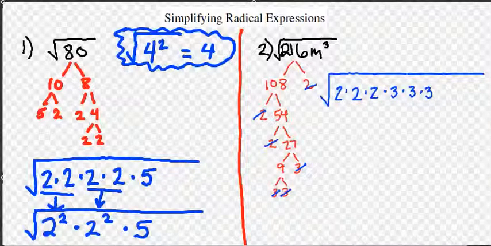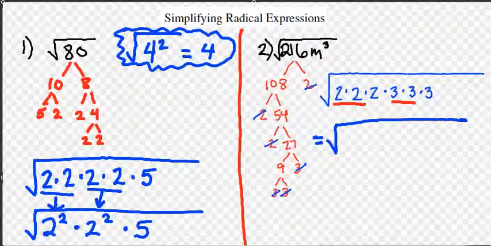And then again, we're only going to deal with the pairs of the same numbers, so 2 and 2 and 3 and 3. Now when we rewrite our square root, we're going to write this as 2 squared times 2 times 3 squared times 3.